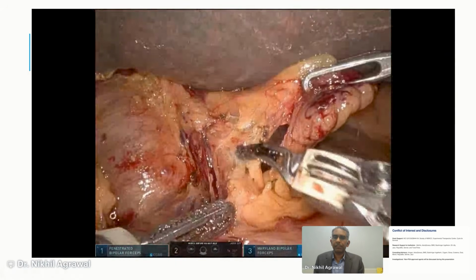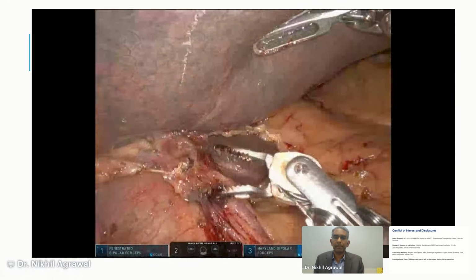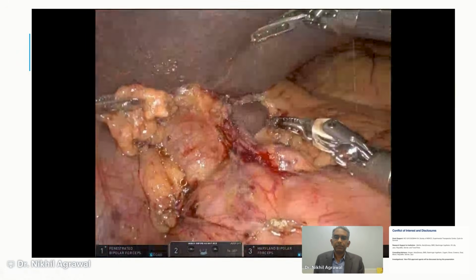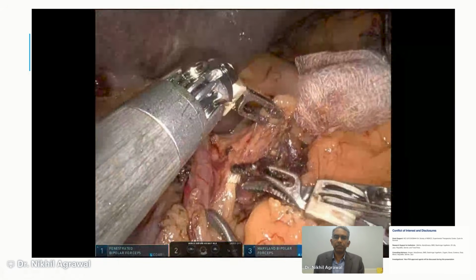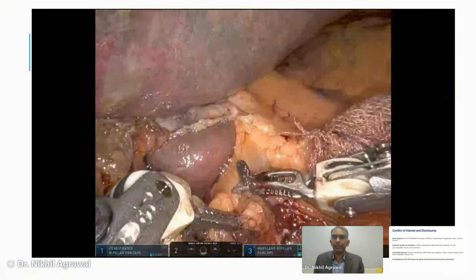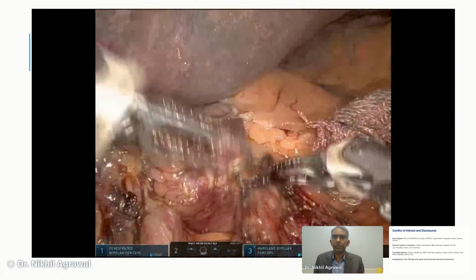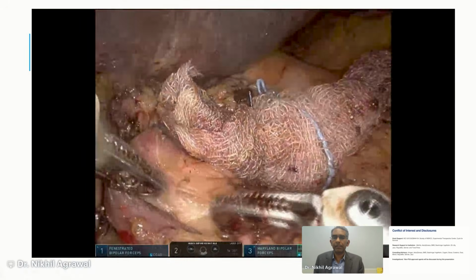This is the hepatoduodenal dissection as we demonstrated in gallbladder cancer. Here we'll remove the lymph nodes along the hepatic artery, and then the aim is to demonstrate the gastroduodenal artery.